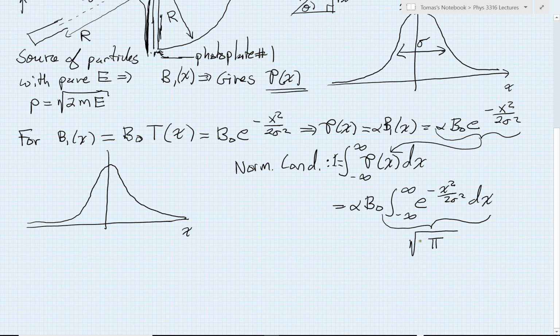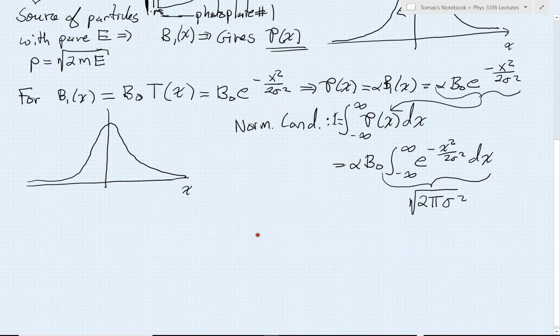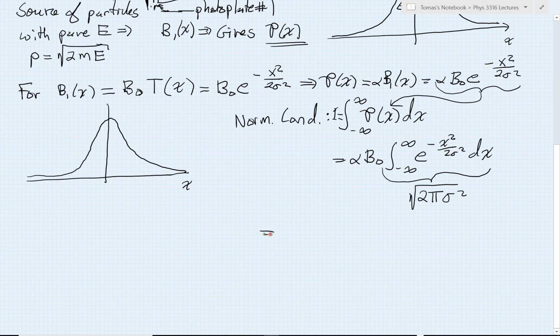So what multiplies the pi in this case is a 2 and a sigma squared. So from this, I can immediately determine the value of alpha times B0. This product must equal 1 divided by the square root of 2 pi sigma squared, and so that tells me my absolute result for my probability distribution. I could sketch it for you here.